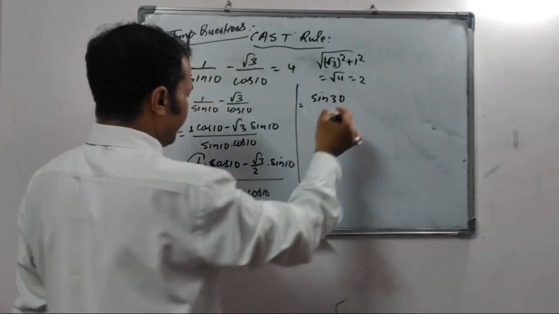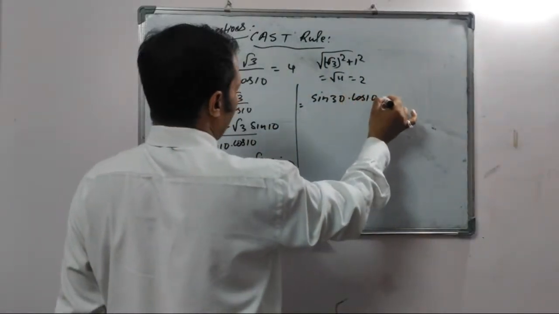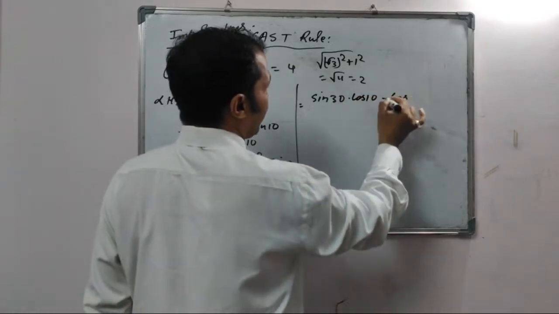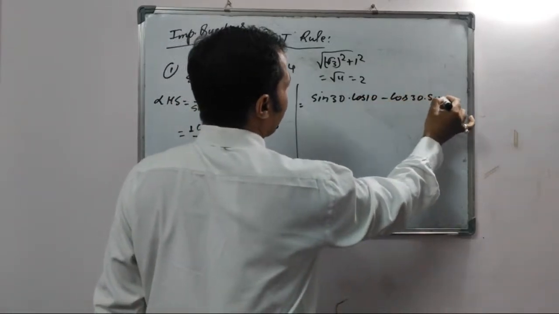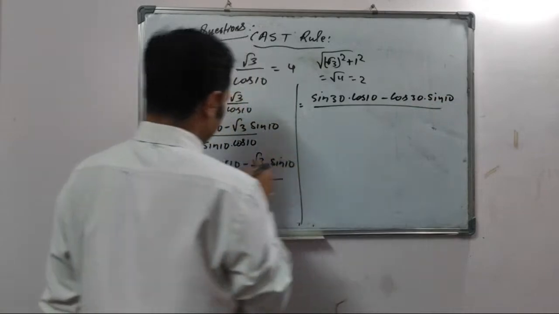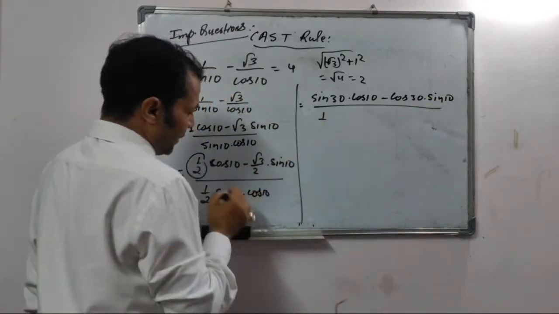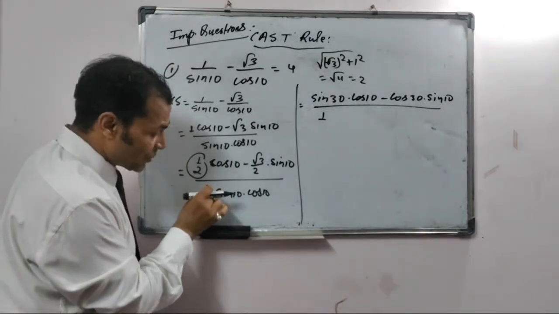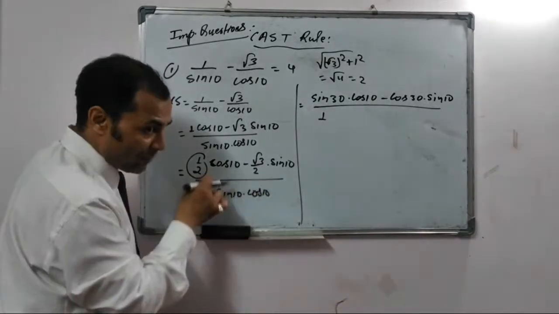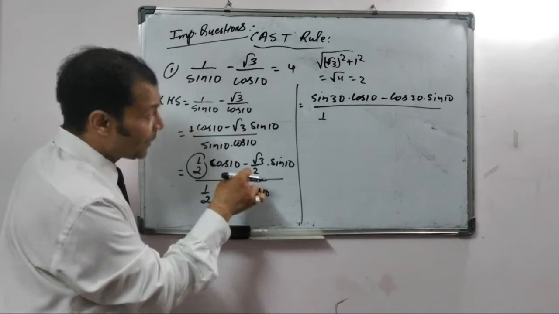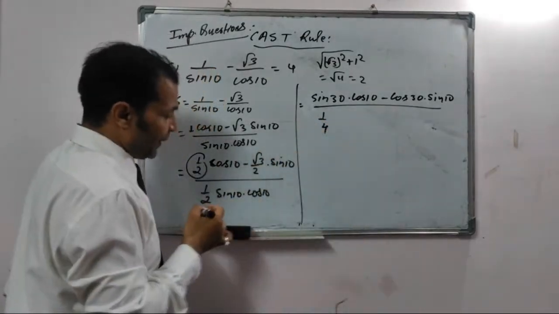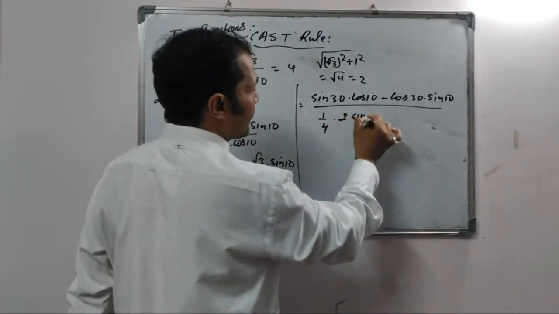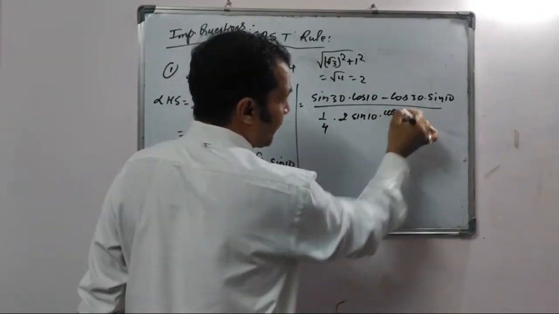Okay, sin 30 into cos 10 minus this is cos 30 into sin 10, by 1 by, see, sin A cos A. If here is 2, imagine if here is 2, it will take the formula of sin 2A. Yes or no? So I'll put just 1 by 4 over here and 2 sin 10 into cos 10.